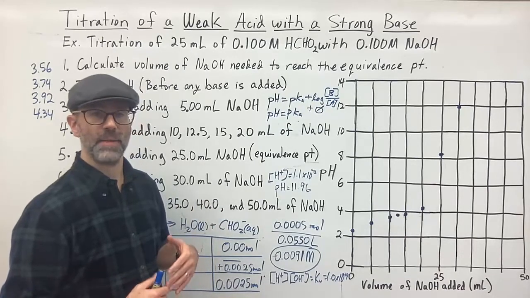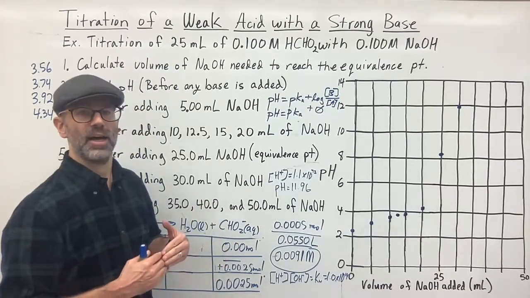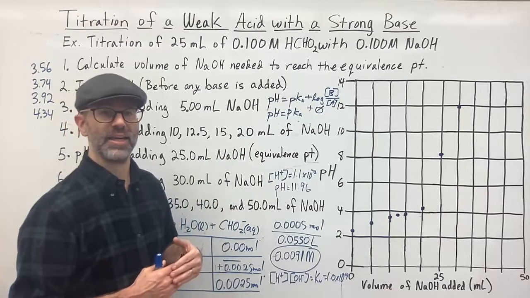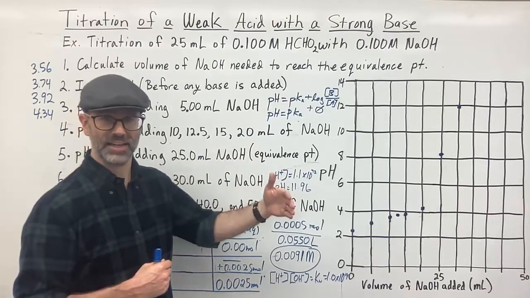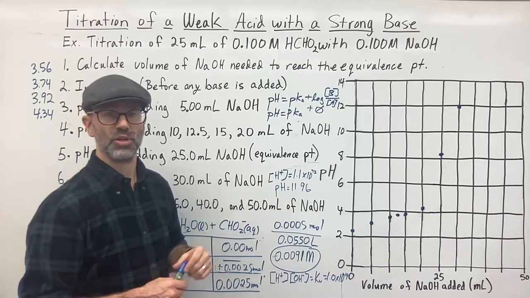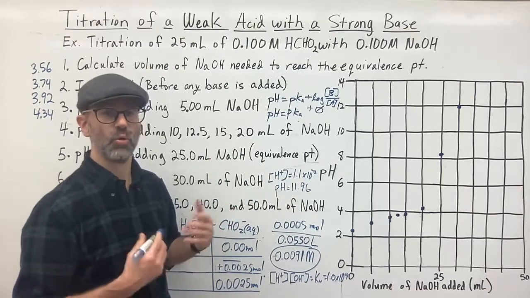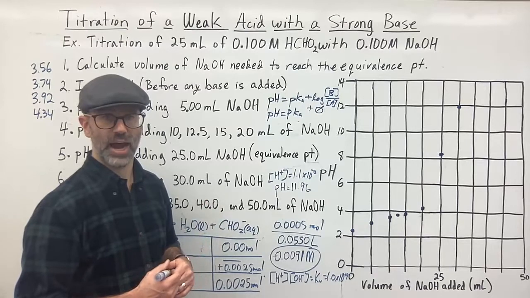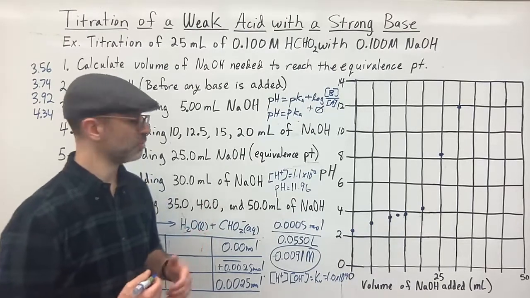From this point on, any strong base that's added to your problem is going to be influencing the pH. So only the amount of base you're adding is going to influence the pH from this point on.